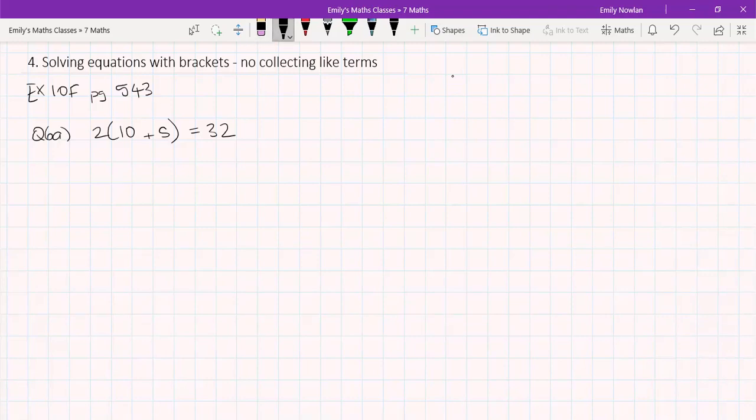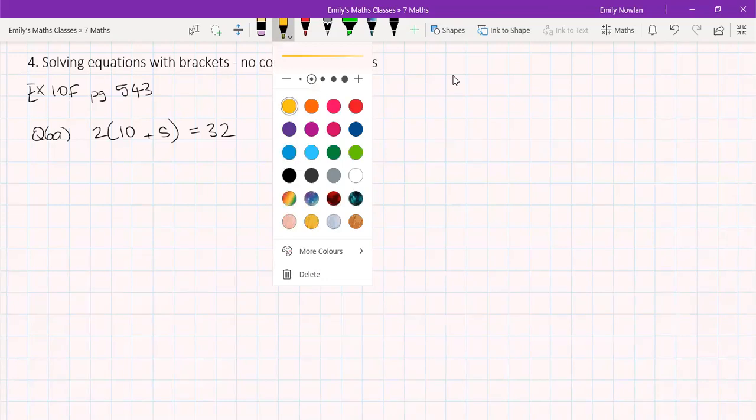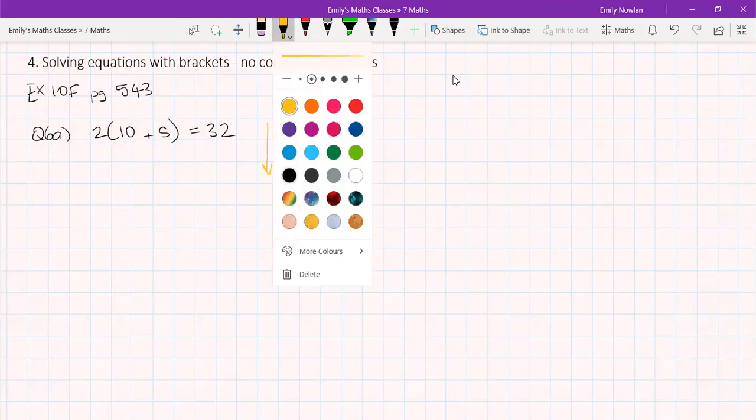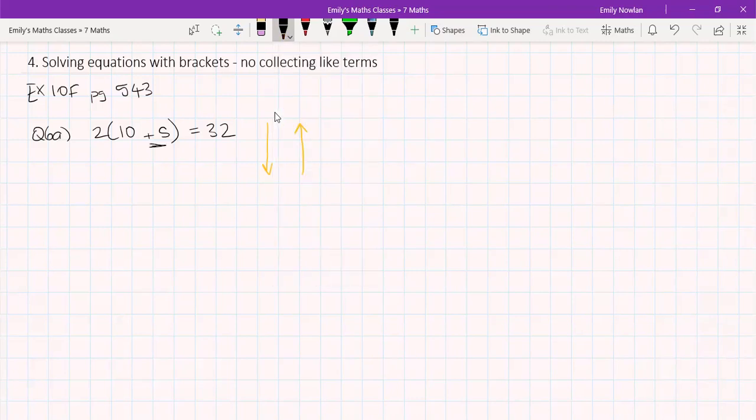So let's have a look here. I told you to think about what happened to the pronumeral, and how do we undo it? In this case it's S. What happened? It got 10 added to it before it was multiplied by 2.